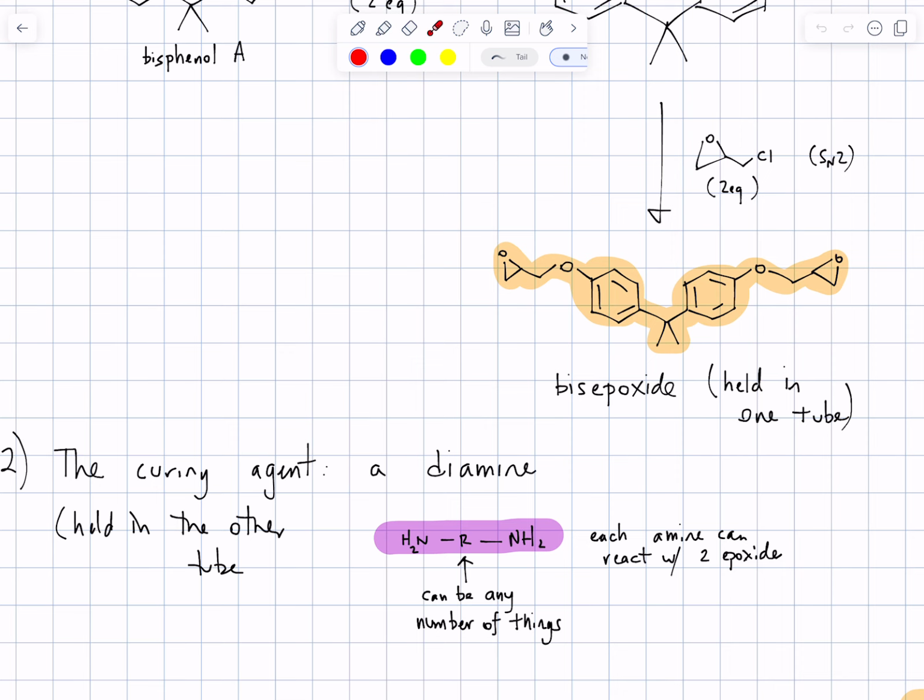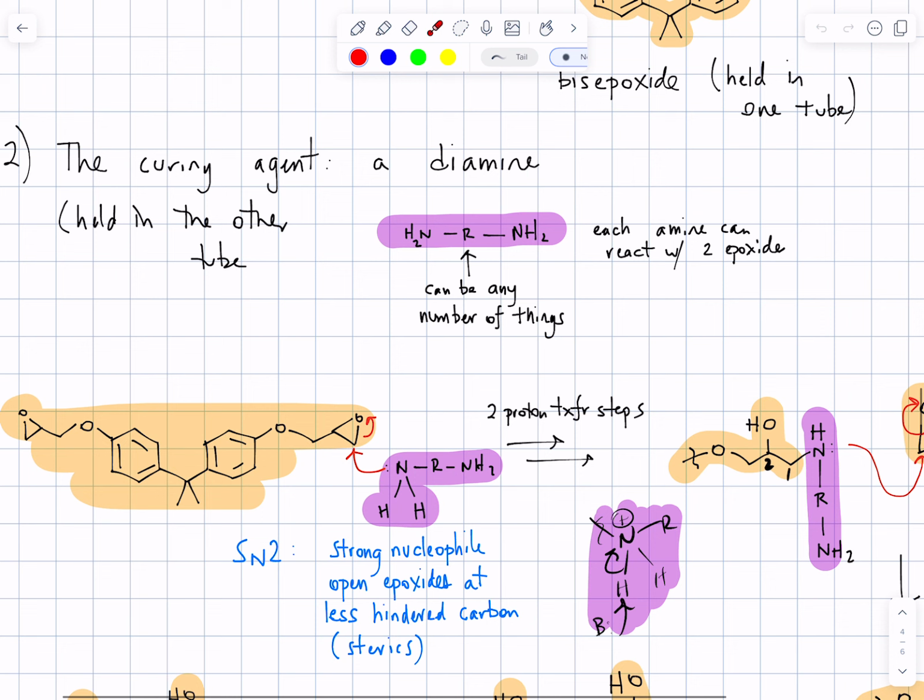That means they've got reactive handles on two ends. And you can see that if that's the case, you can imagine having a nucleophile on one end of an amine attack the epoxide on one end of the bis epoxide, and then the two molecules that you've now linked together still have two reactive handles on either end, and so you can make polymers.